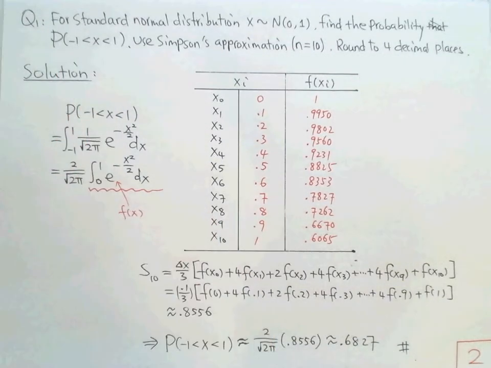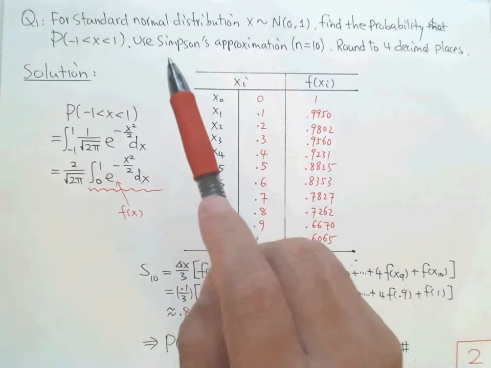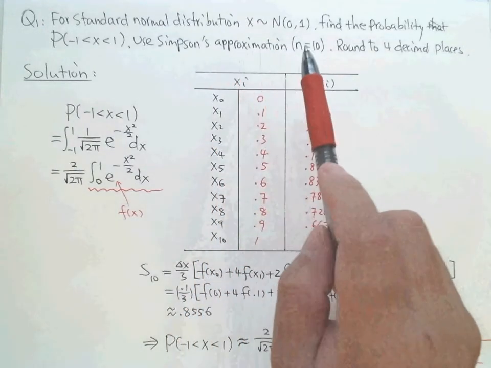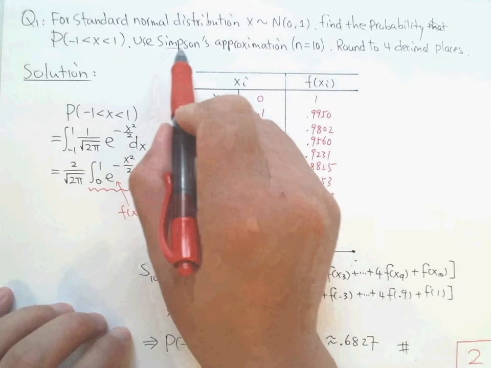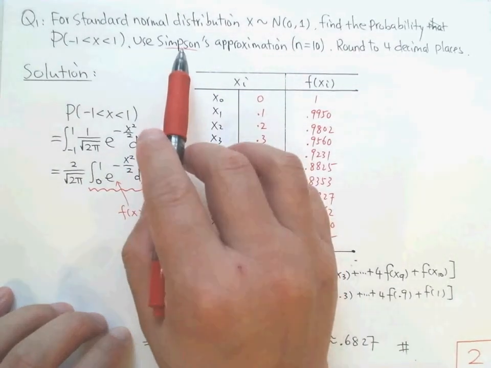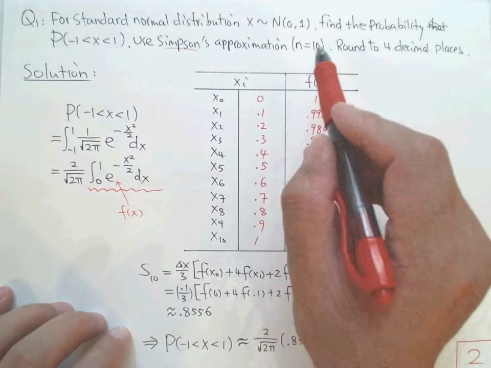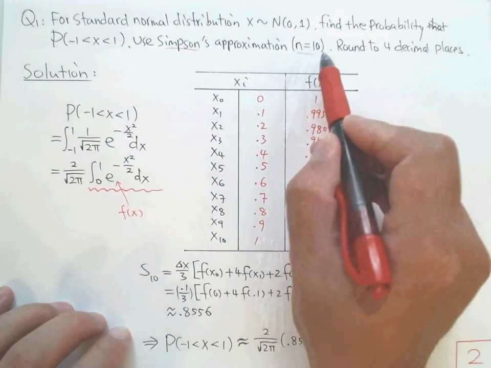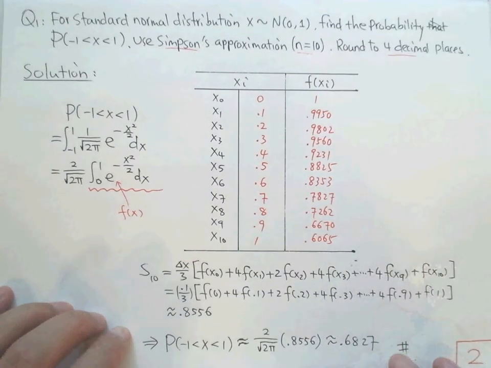However, why do we get this answer? We are going to use Simpson's approximation. We have to approximate here, because among the three we just talked about, Simpson's approximation is the best. You cut it into n equals 10 pieces, rounded to 4 decimals. So let's go into the basics.